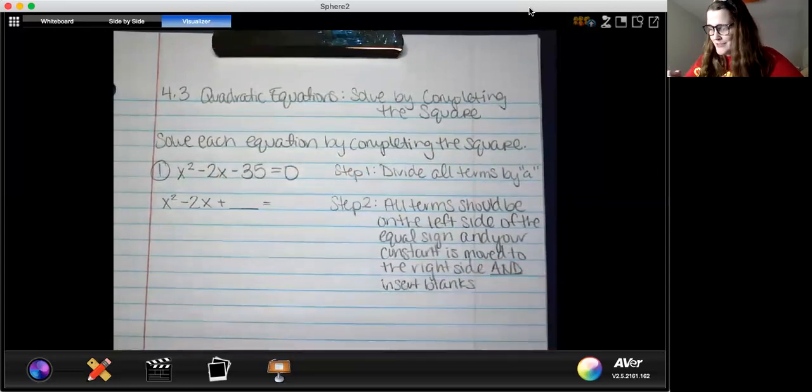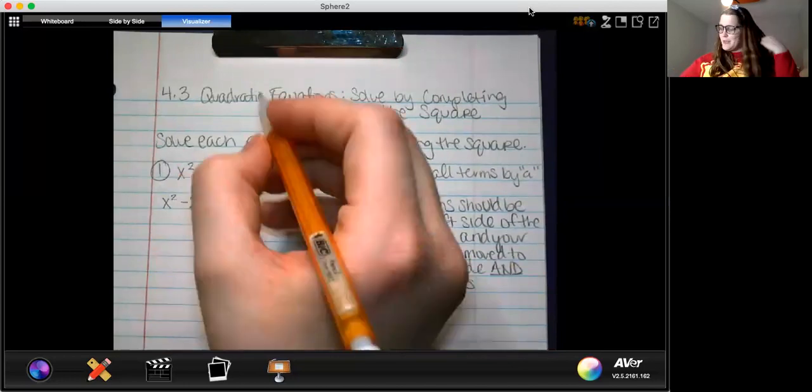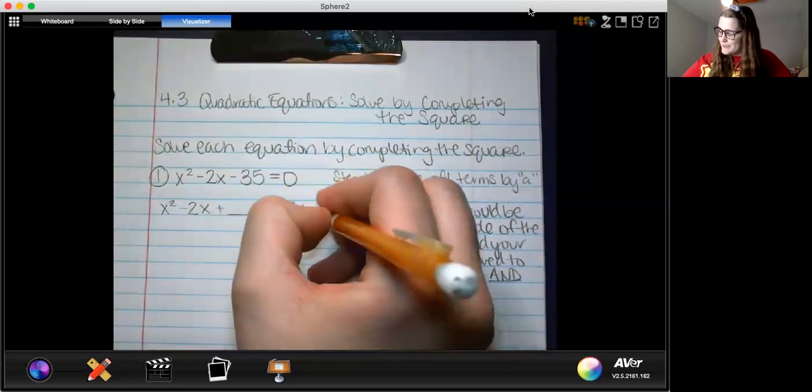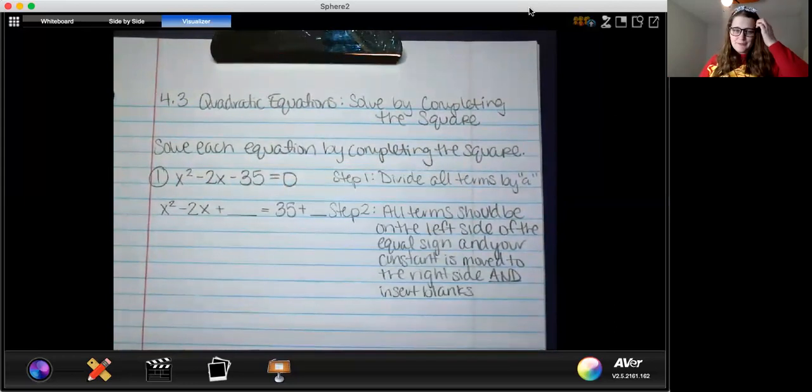That means using the correct operation to move it to the right side, which would be adding. So it'd be 35 plus blank. Okay, it takes much longer to write down verbally what you're doing versus actually doing it.